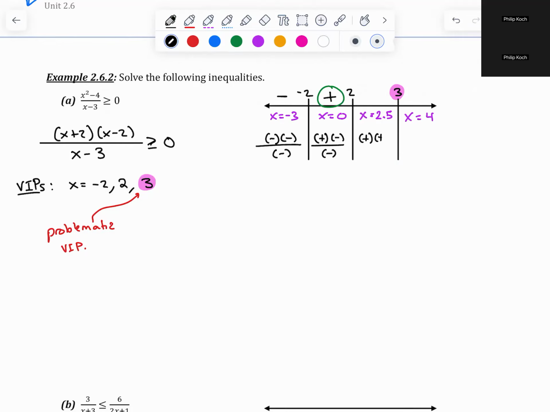The second factor will now be positive, and then the factor in the denominator will remain negative, because it'll be negative 0.5. So that's a total of 1 negative. That's a net negative. That's a piece I don't want. And then, last but not least, if I plug in 4, all of the factors will be positive. And that's a piece I want.